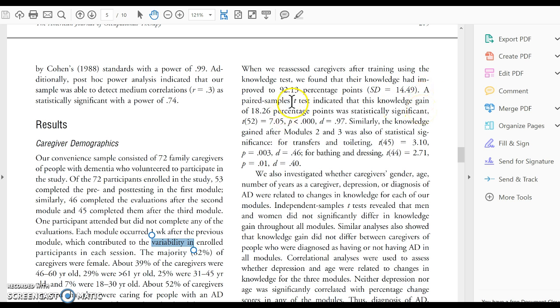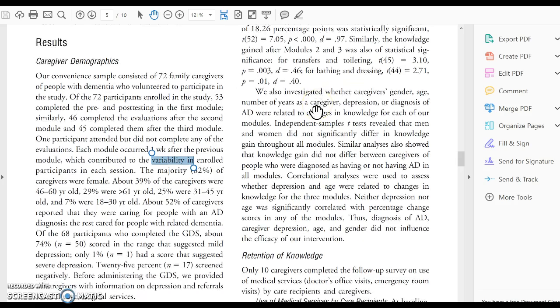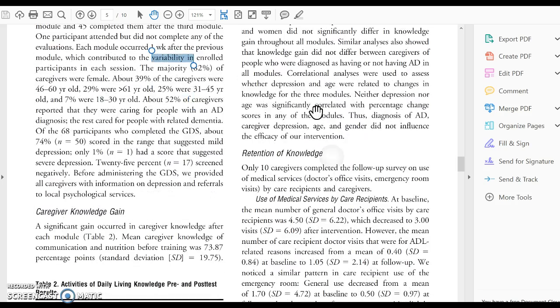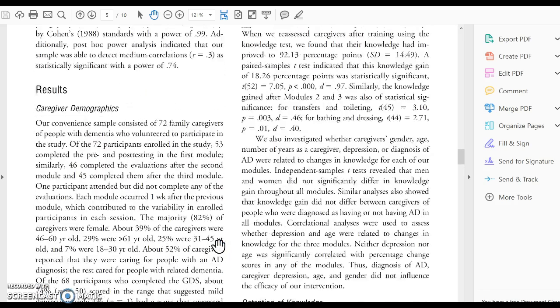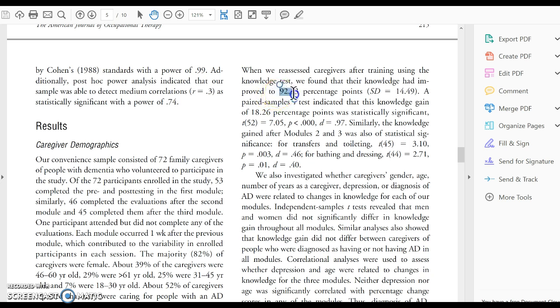A paired samples t-test indicated that their knowledge gain of 18.26 percentage points, because they started with what? 73.87, and then they improved to 92.13.